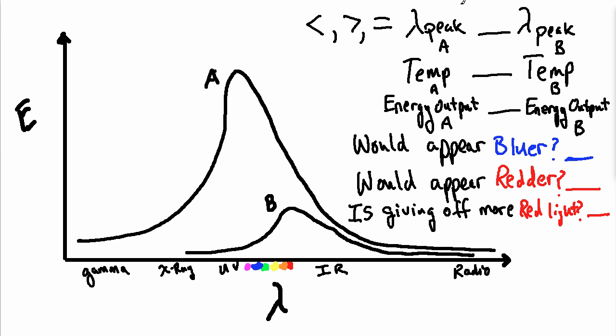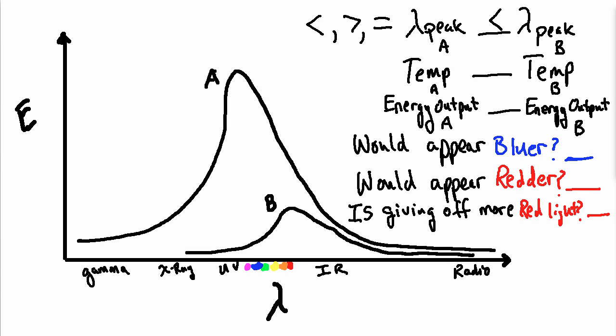If we think about where the peak of curve A occurs and follow it down to the wavelength axis, we'll see that the wavelength of the peak of curve A occurs at UV light, whereas the peak for curve B is happening at red or infrared light. So since UV light is shorter wavelength than infrared light, we will say that the wavelength of the peak for A is less than the wavelength of the peak for B.